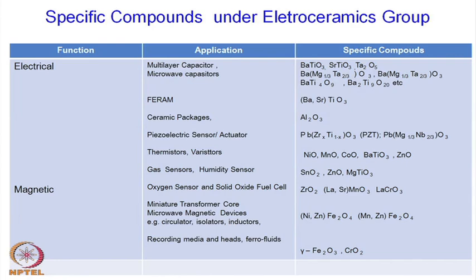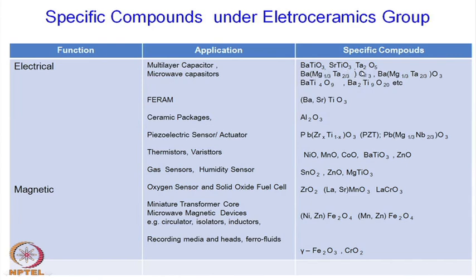Not only are they insulators, but they have a very high dielectric constant. So, one of the very important compounds, once again not available in nature but can be synthesized by special techniques, is barium titanate. Barium oxide and titanium oxide together form a compound which is called barium titanate.